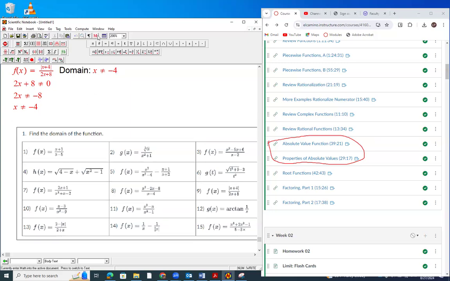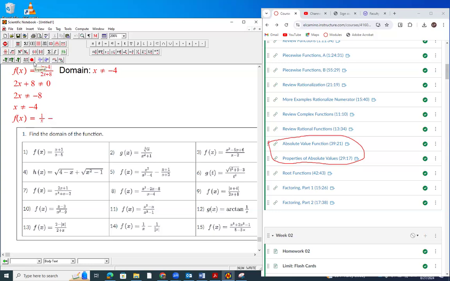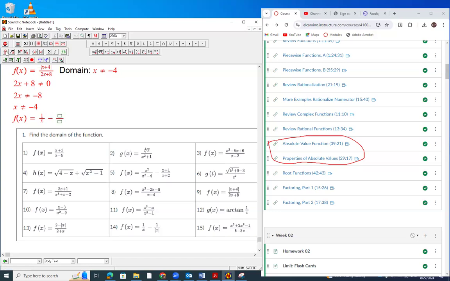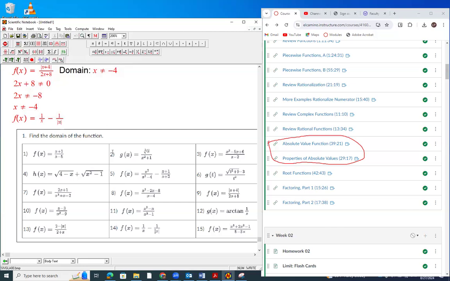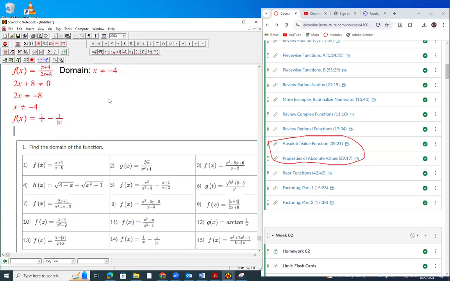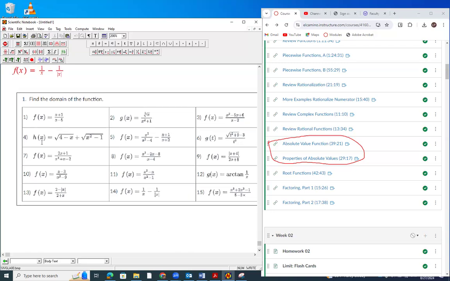Okay, let's look at number 14. It's an interesting looking function, but you will encounter it as we enter limit next week. As always, you just have to work with the original function.